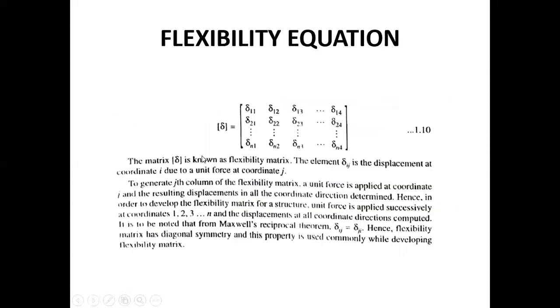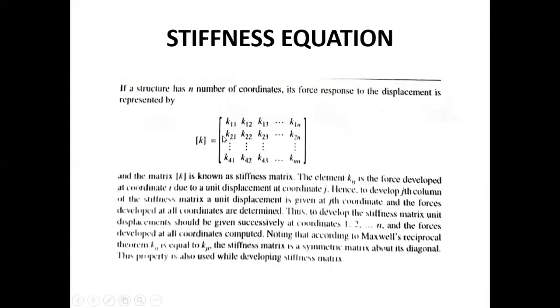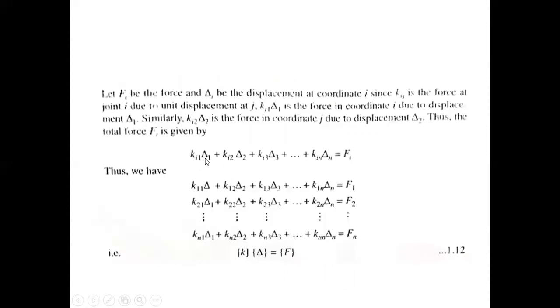Similarly, as in the case of the flexibility equation, all the terms i and j are the same here also. In this case also, i represents where we are seeing the displacement, and j represents where the unit load is actually applied. So k represents the stiffness matrix. It is the same as the flexibility matrix, the same way, instead of del in the case of flexibility, here it will be stiffness, that is k.